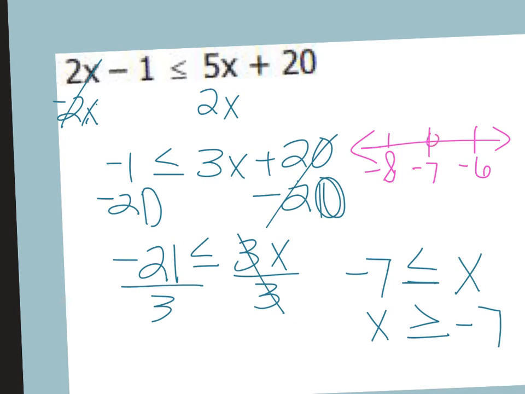I do have a closed circle, and it says all of the x values that are greater, so then I'm going to shade to the right. Questions?